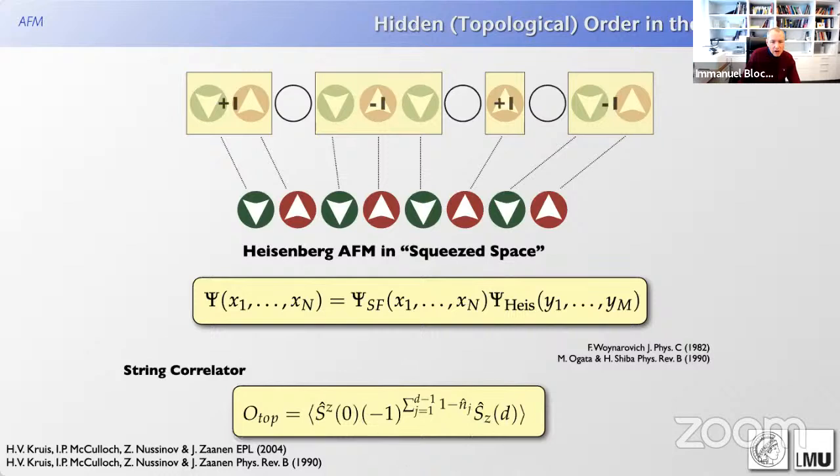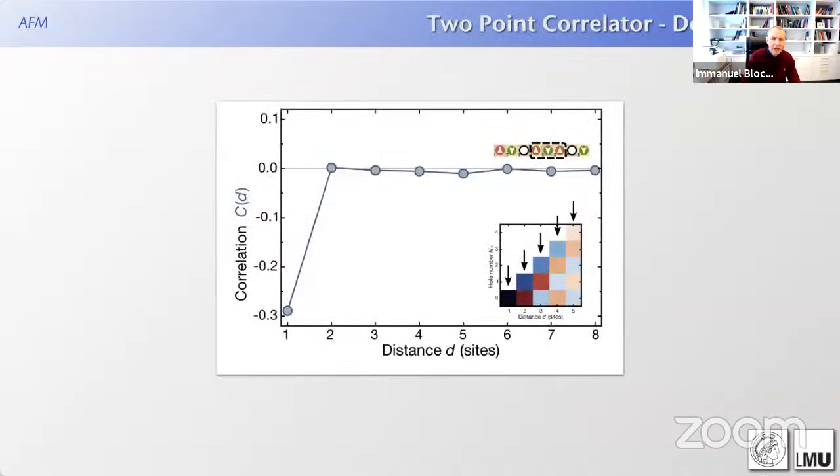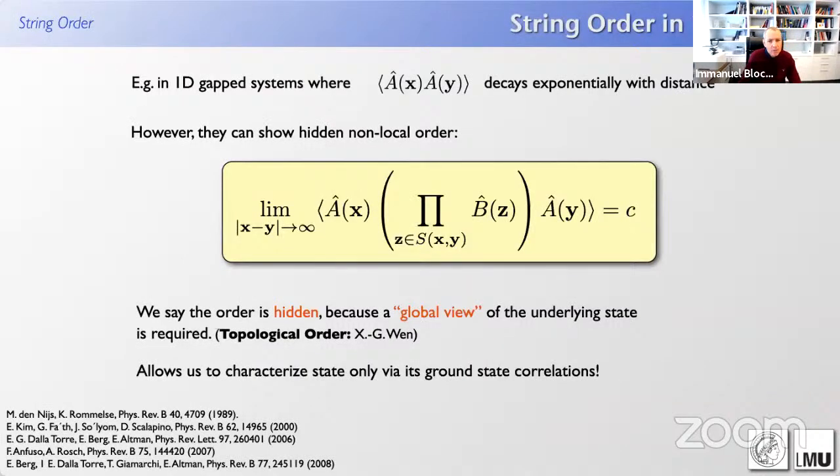So you need to know not only the local thing that's happening here, but you need the global view of the wave function, and this operator actually takes that into account. So these non-local correlators are very powerful. They really allow us to predict new phenomena in condensed matter physics, new types of orderings which we could not predict before, which do not fall into this standard Landau classification scheme.